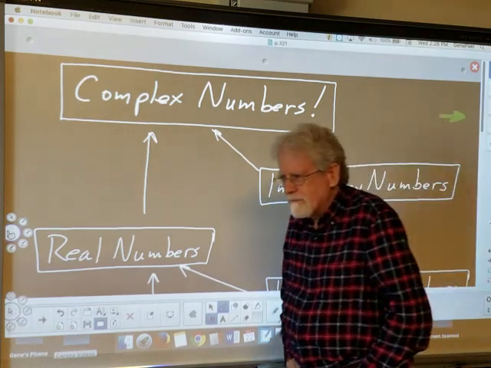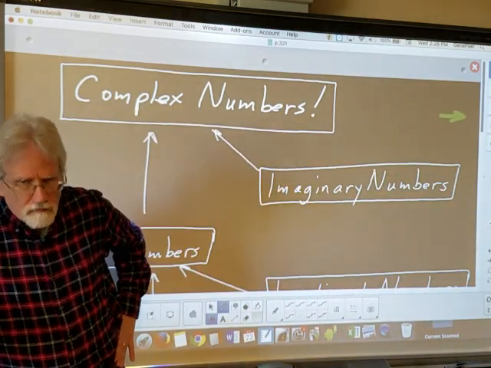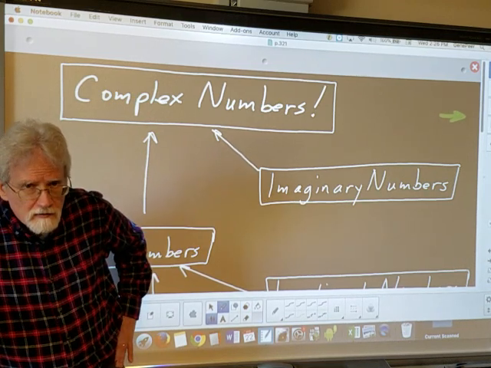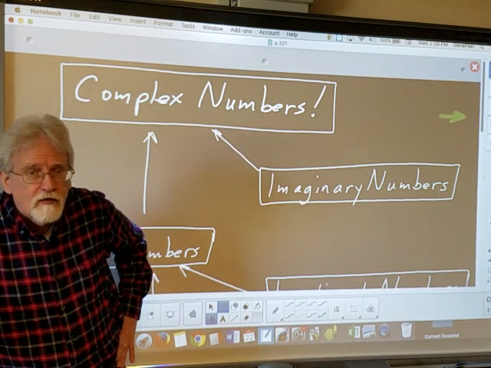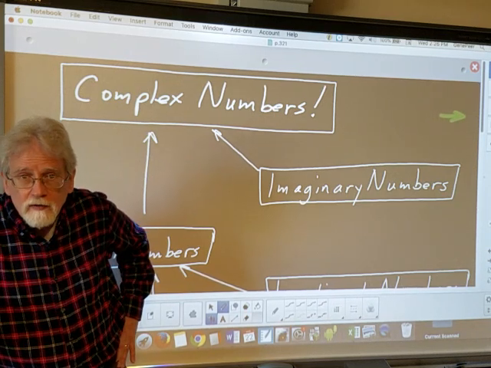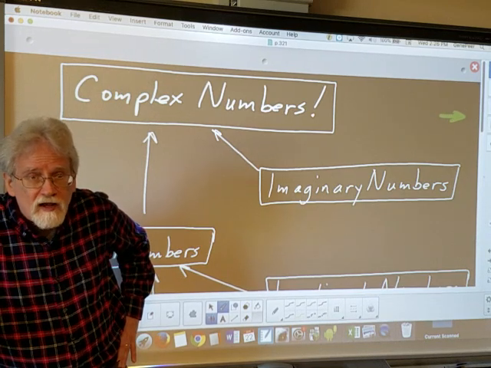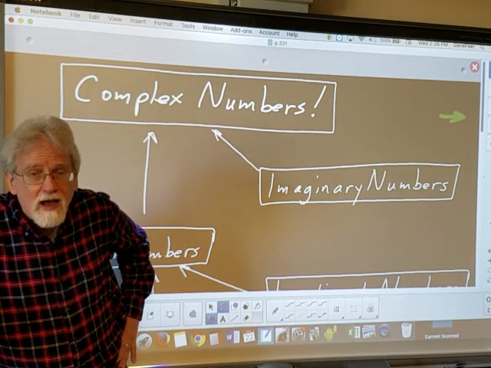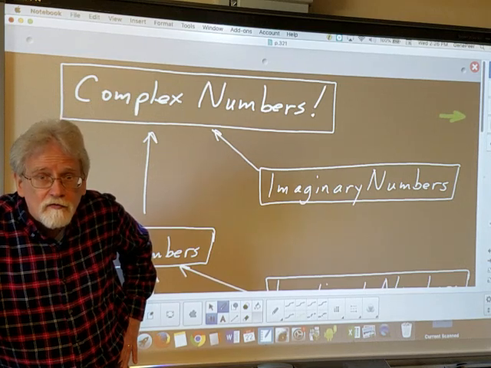So what does that mean? Everything is complex. 6 is complex. -3 is complex. 14/7 is complex. Pi is complex. Pi divided by 14.7 is complex. -32.5, everything is complex. i is complex.